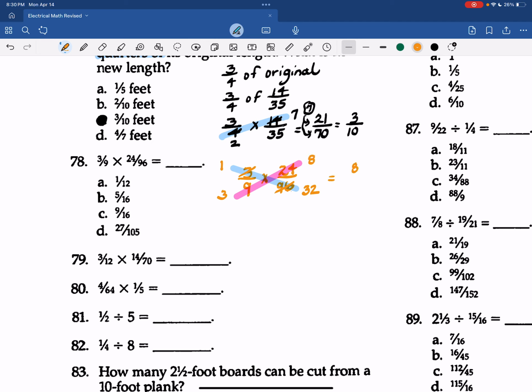Top times top, bottom times bottom. No, 96, sorry. And then simplify if you can. You could have also reduced that 8/32, and that would bring you there quicker. 1 and 12. A is the answer.